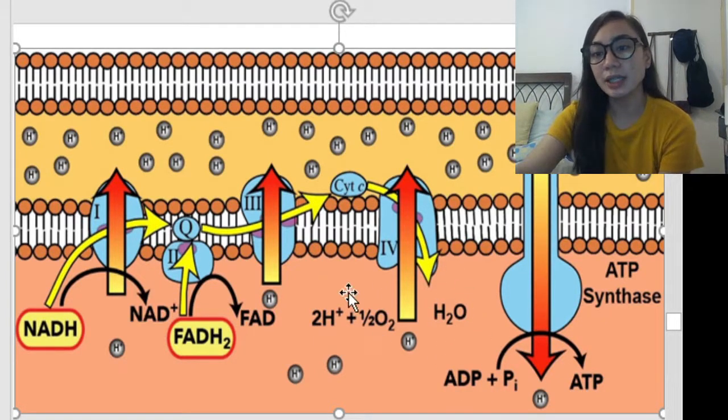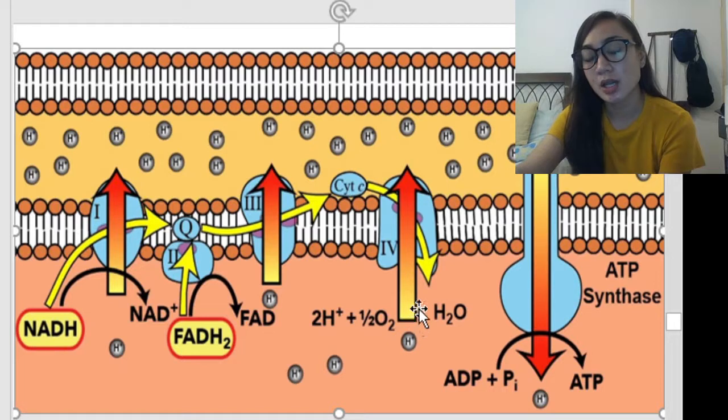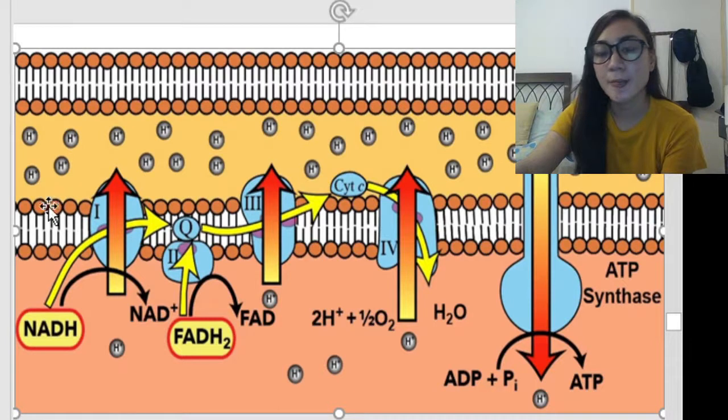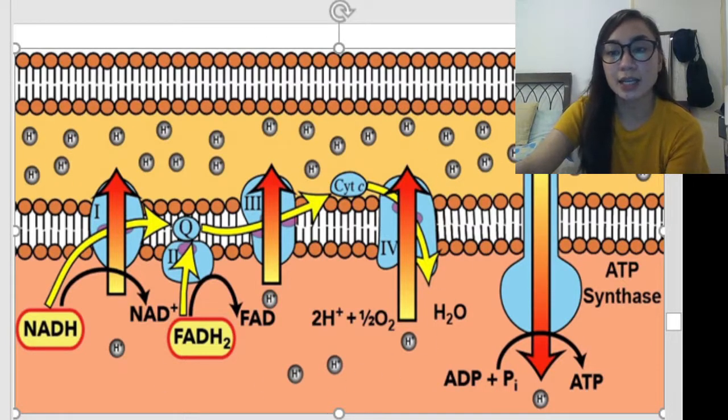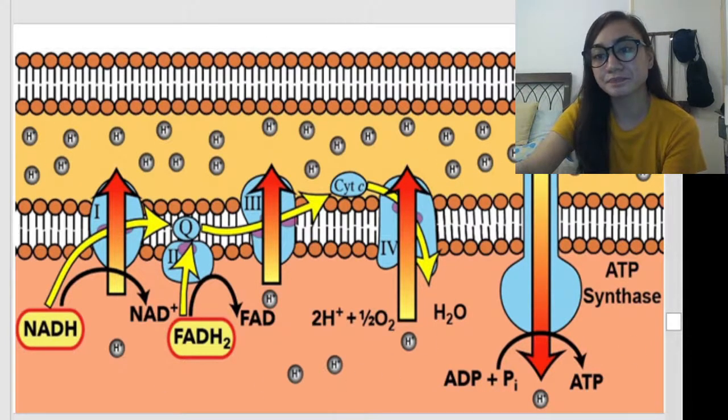So, ito naman, yung meron tayong 4 na protons na maproproduce, which yung 2 doon will be used to make water, and yung another 2 will be pumped up sa ating intermembrane space. So, yun na nangyayari sa ating electron transport chain.